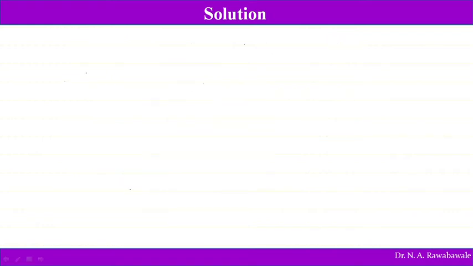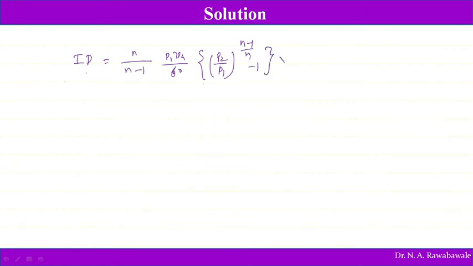Now we want to find out indicated power for this single stage single acting air compressor. Indicated power is equal to N divided by N minus 1 P1 VA divided by 60. So this 60, why this 60 we will discuss, into P2 divided by P1 to the power of N minus 1 divided by N minus 1 into 1 over 1000.